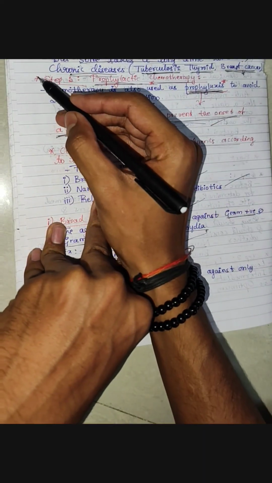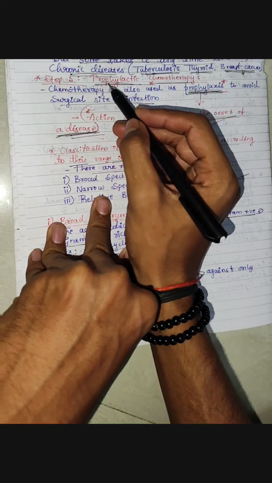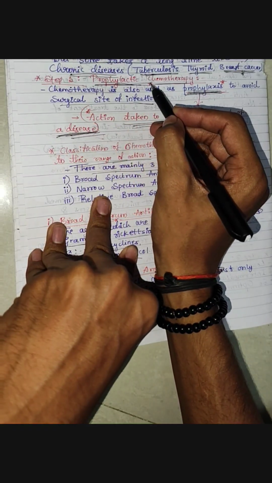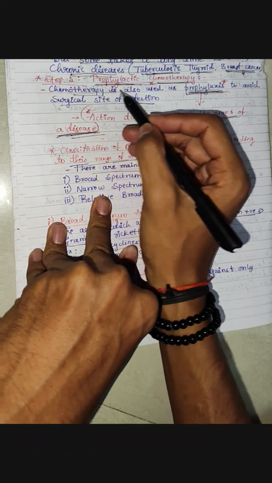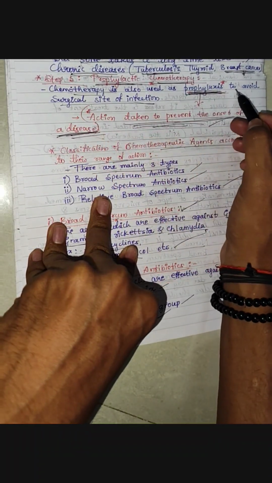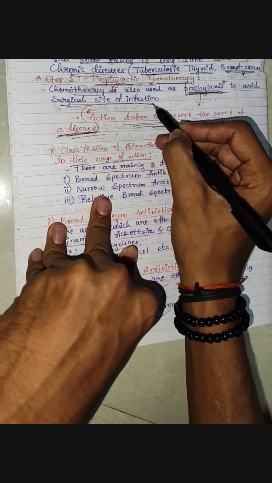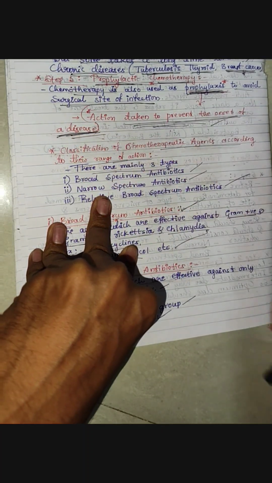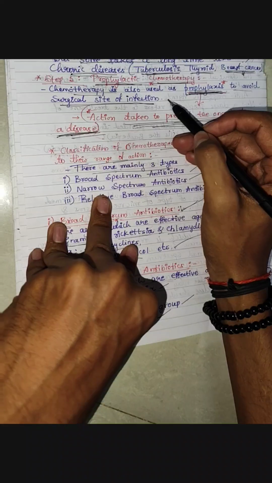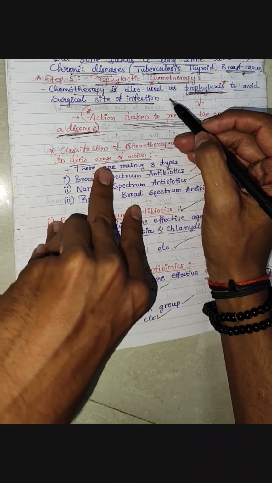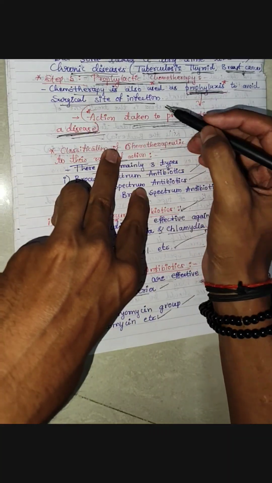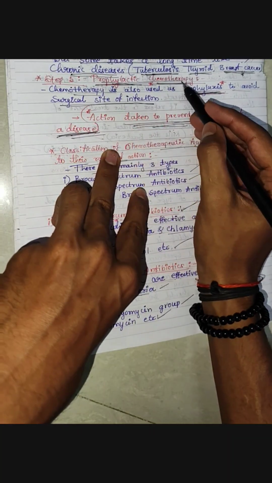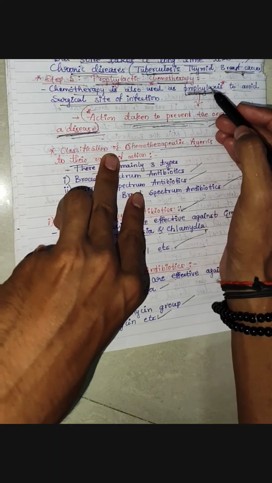Now the final step, prophylactic chemotherapy. In this, chemotherapy is used for prophylaxis to avoid surgical site infection. If a physician is operating on a patient and surgical contamination happens, this prophylactic chemotherapy will act.